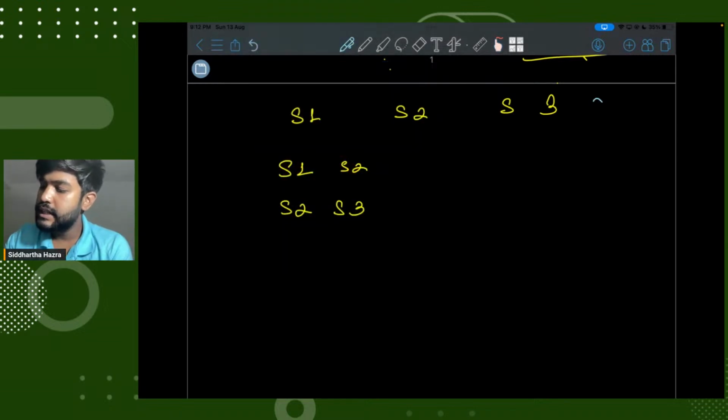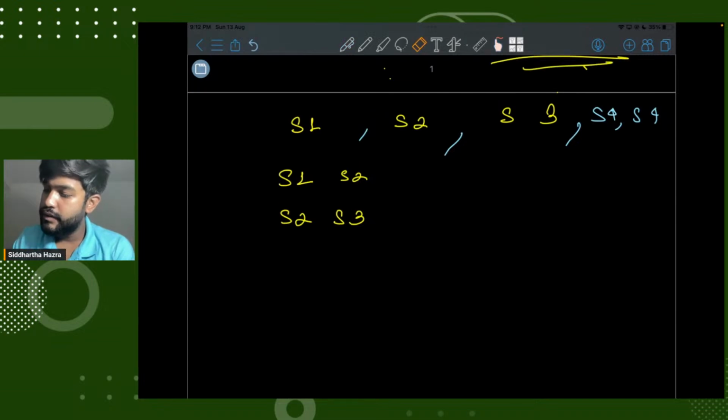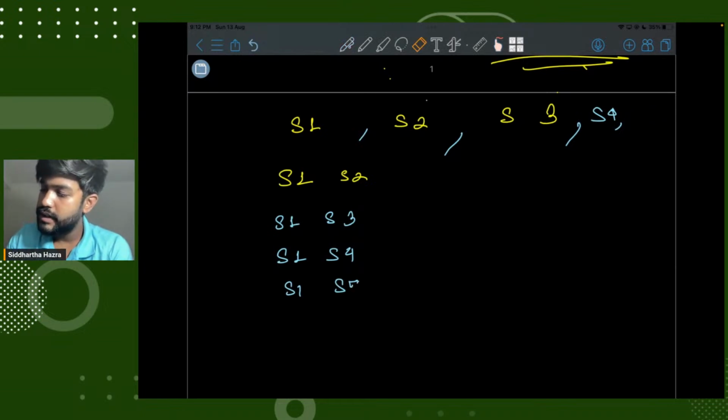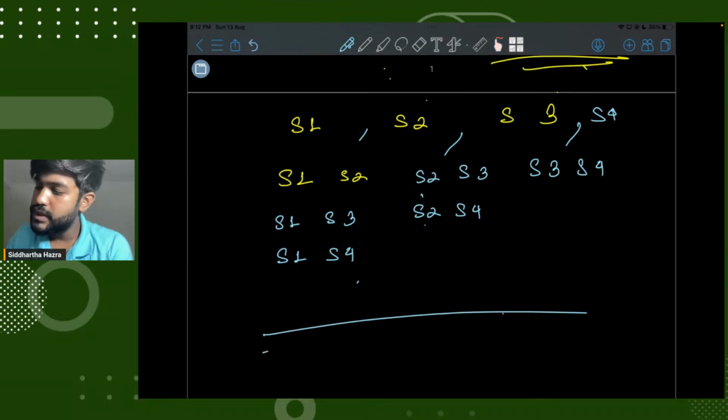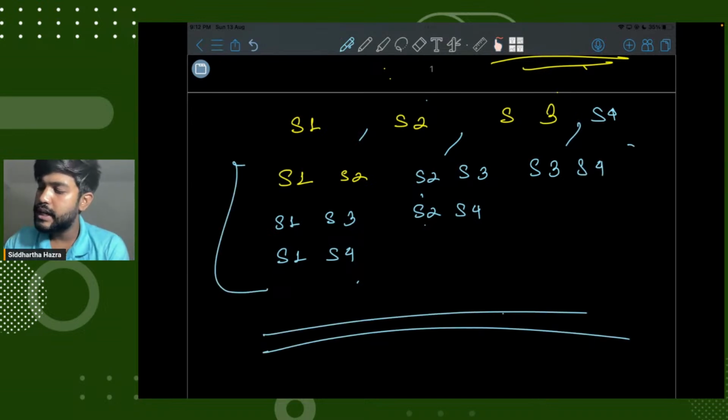Let's just add some more: S1 with S2, S1 with S3, then S1 with S4, and then S2 to S3, then S2 to S4, then S3 to S4. So if you observe, these are the possible two-element combinations that I can take.